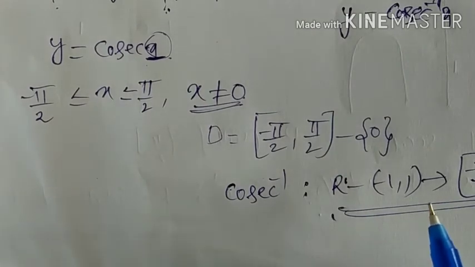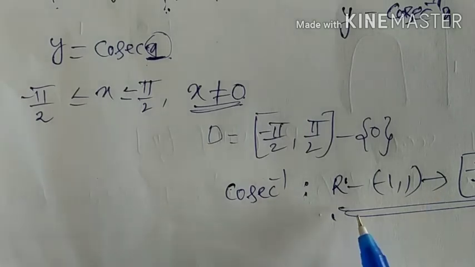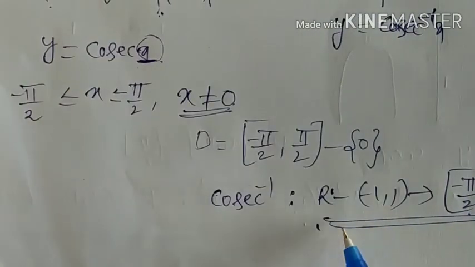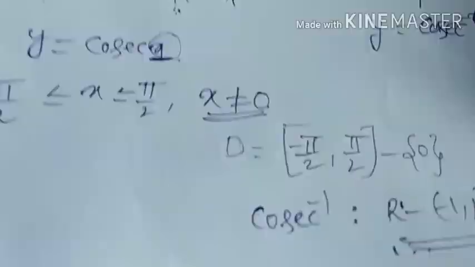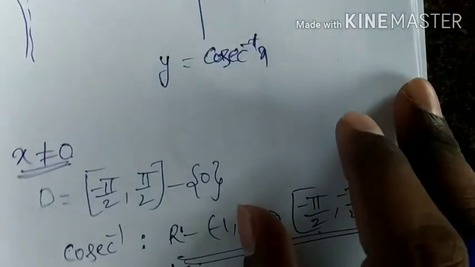I hope my students understand all these inverse functions of trigonometric functions. Once you go through the definitions and graphs, you will get the point. Here the most important thing is that the first value represents what we are giving as input.